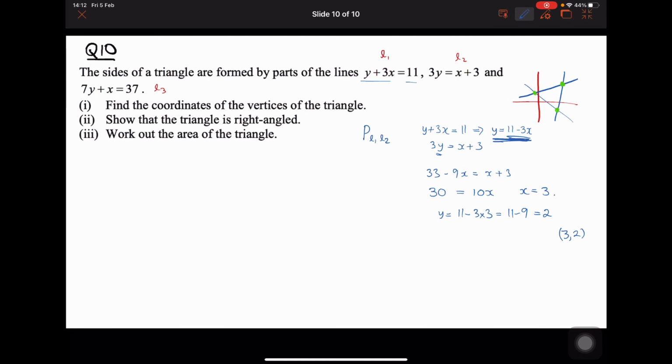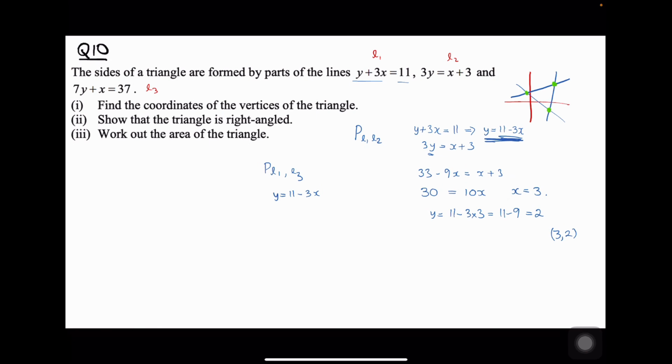The second point of intersection, we'll use this, and we'll substitute it into here.